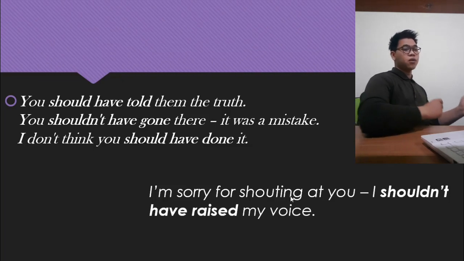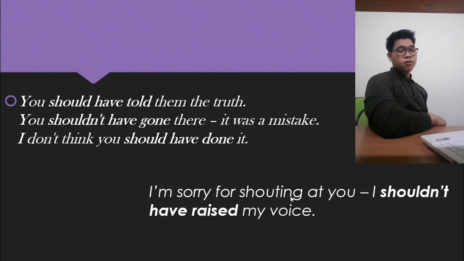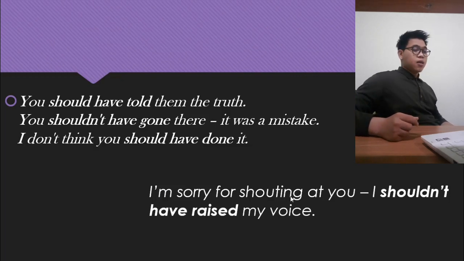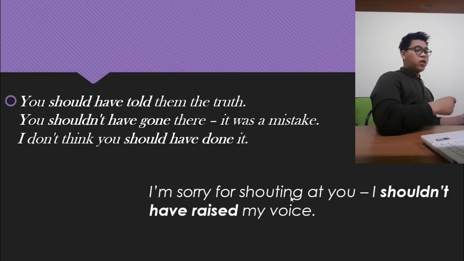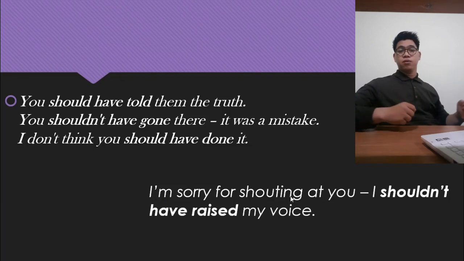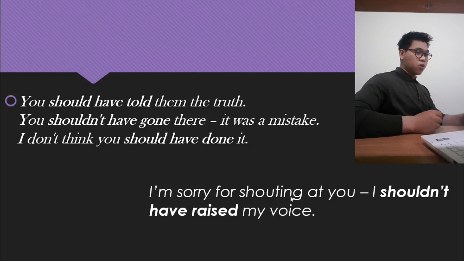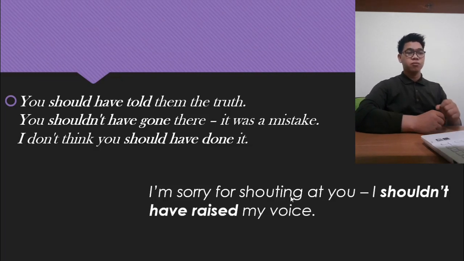You should have told them the truth, because you didn't tell them the truth. They were angry with you. So that's the regret one. That's a mistake one. You should have told them the truth.